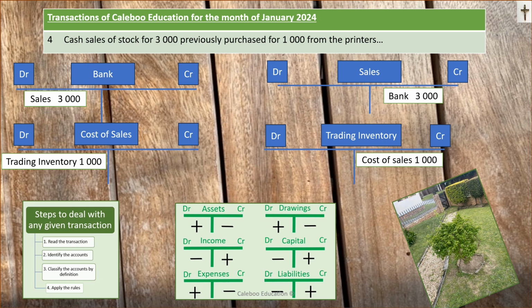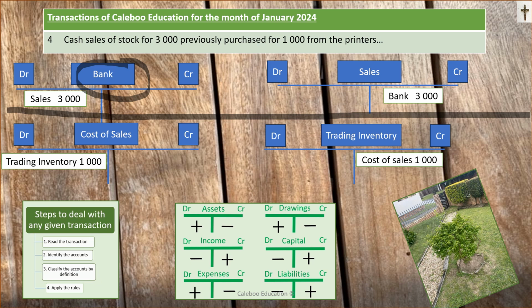Part A, record the sale, and there it is. This was a cash sale, so the account that was debited was bank. Sales was credited. Then there's part B, cost of sales got debited, and trading inventory got credited.